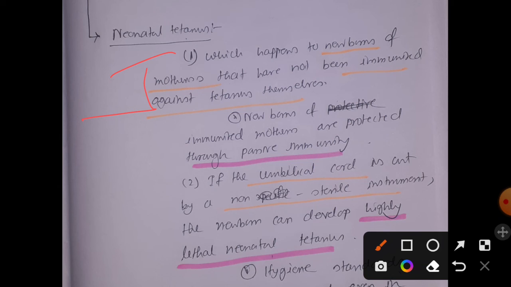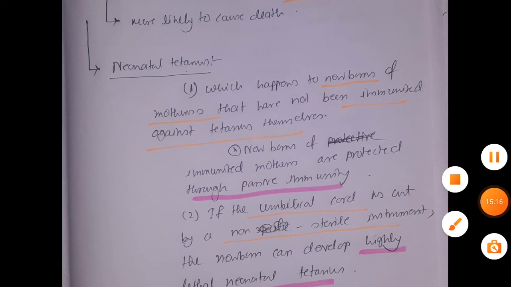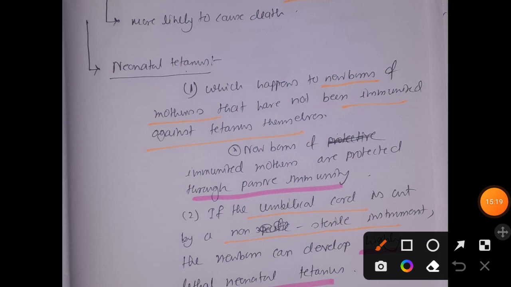And the last one is neonatal tetanus, which may occur if the mother of the newborn is not immunized, and if the umbilical cord is cut with a non-sterile instrument. Under such circumstances neonatal tetanus can occur, but luckily now most mothers are immunized, and not only that, in developing countries also we are using properly sterilized instruments for cutting the umbilical cord. Due to the improvement of hygiene standards, it is very good news that neonatal tetanus is minimized nowadays.